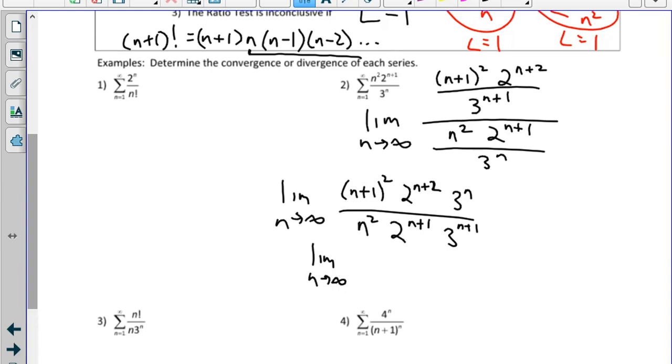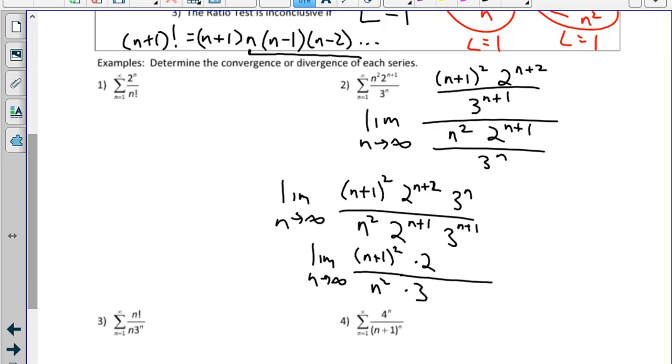If I have n plus 1 squared over n squared, there's not really anything I can cancel out there, so I'm going to leave that. The 2 to the n plus 2 over 2 to the n plus 1 becomes 2 in the numerator, and this becomes 3 in the denominator.